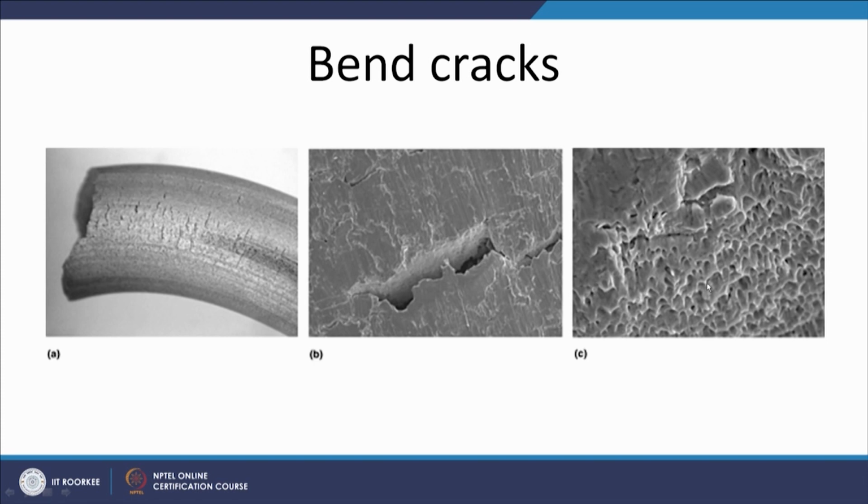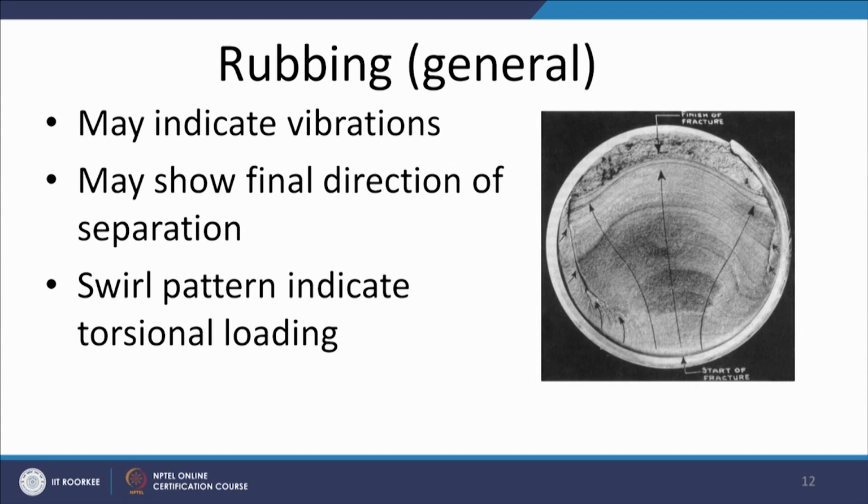It shows that all the dimples present on the fracture surface are oriented in one particular direction, that is the direction of the bending. We will see more aspects related to the microscopic features of the fracture surface in subsequent slides.